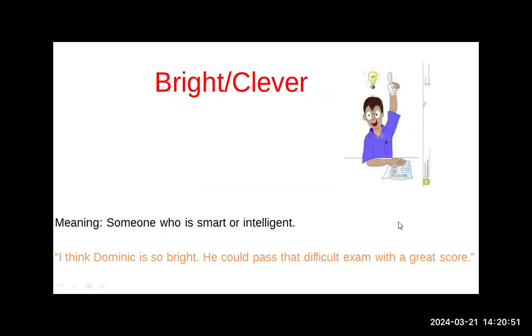Bright or clever. Sometimes clever can be a bit negative, but you can also say, oh, he's a clever student. He's bright, very smart, very intelligent. Those students don't need too much to learn. They learn very easily and can answer questions and do things by themselves.